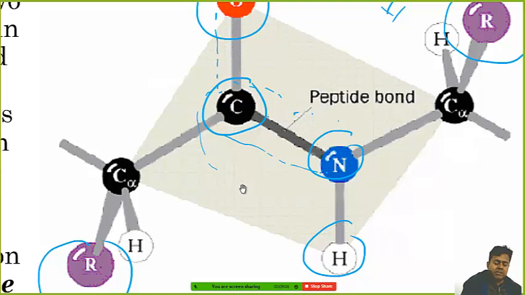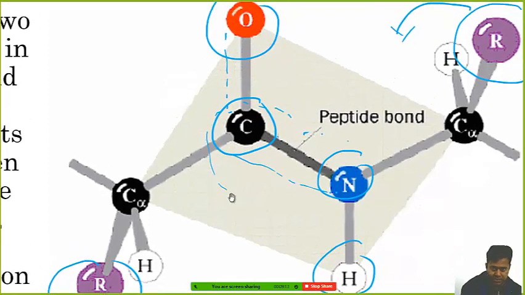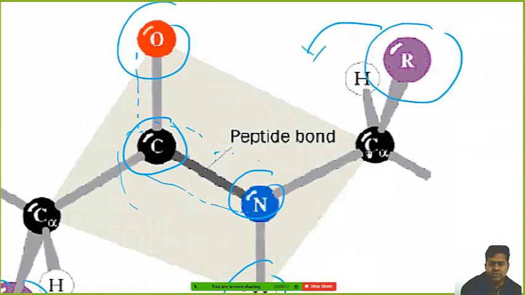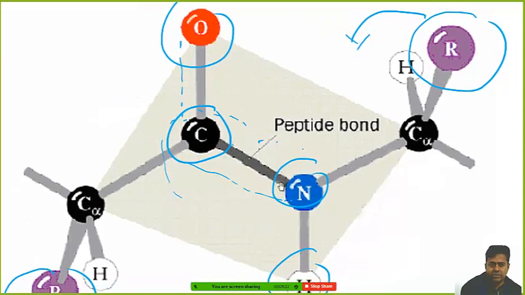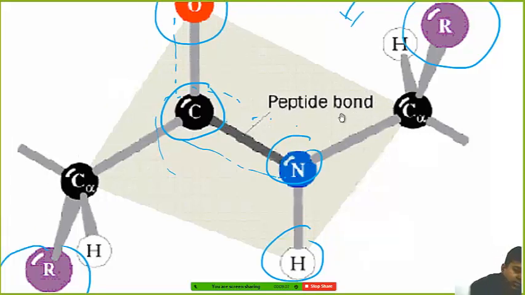Because almost 40% double bond character is there, and a resonance structure is there. So they predicted basically the rotation. So at C alpha, N, and this C alpha, C, the oxygen can rotate, right? And here C, N, they can rotate, and if they are rotating, this part is going to rotate.